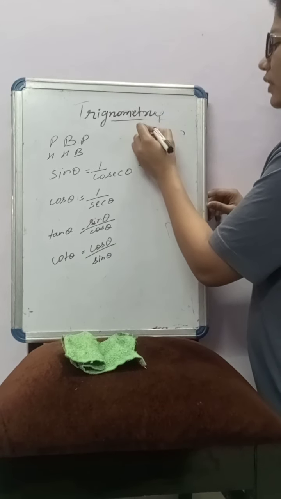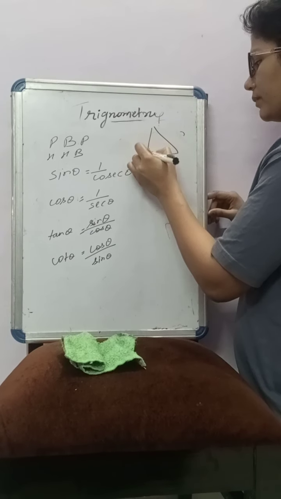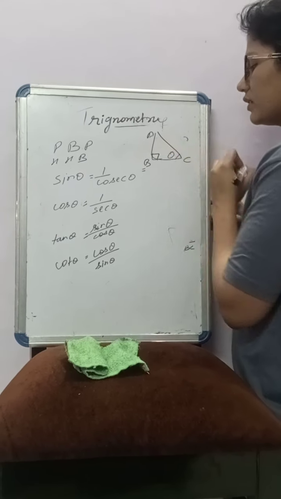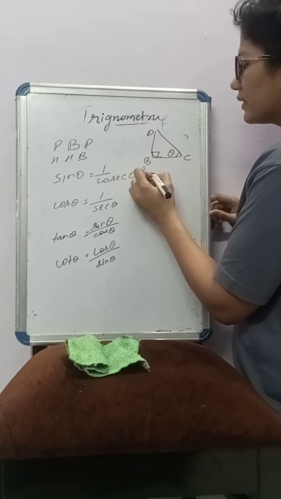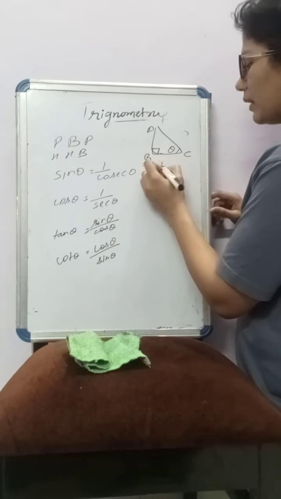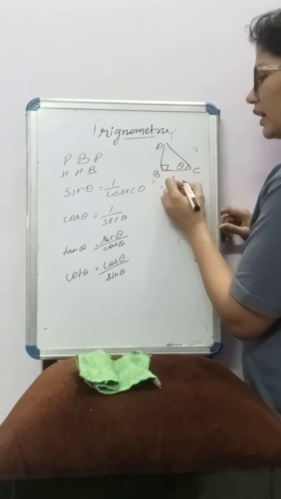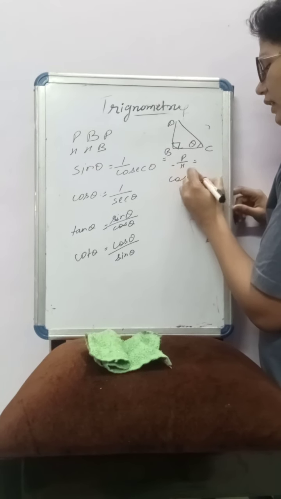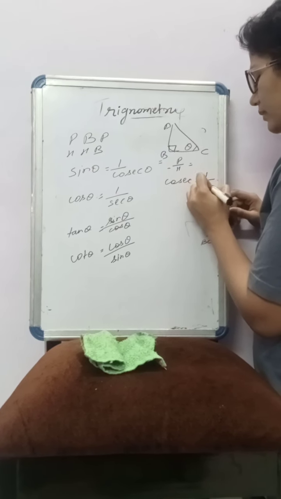Now in a right angle triangle ABC, with 90° at B, we have theta angle. Then sin theta is P upon H, and cosec theta is 1 upon sin theta.